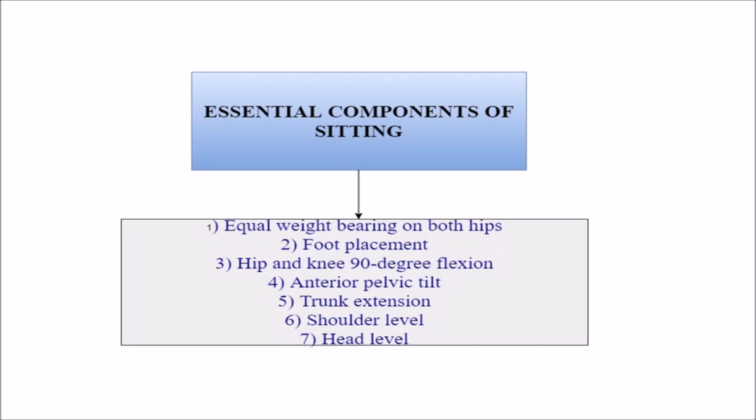Hands should be level, shoulders should be level, and keep the trunk in extension. When the trunk is in extension, there should be an inferior pelvic tilt. And the next point is to keep both hips and knees in 90-degree flexion.